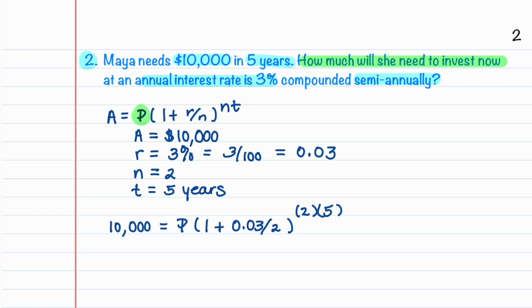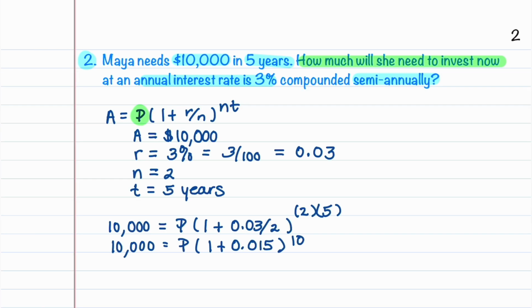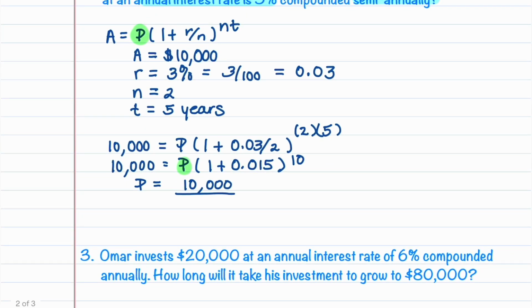Let's go ahead and simplify this. We have 10,000 is equal to P times 1.015 raised to the 10th. We want to solve for P, so let's get that all by itself. So P is equal to 10,000 all divided by 1.015 raised to the 10th.